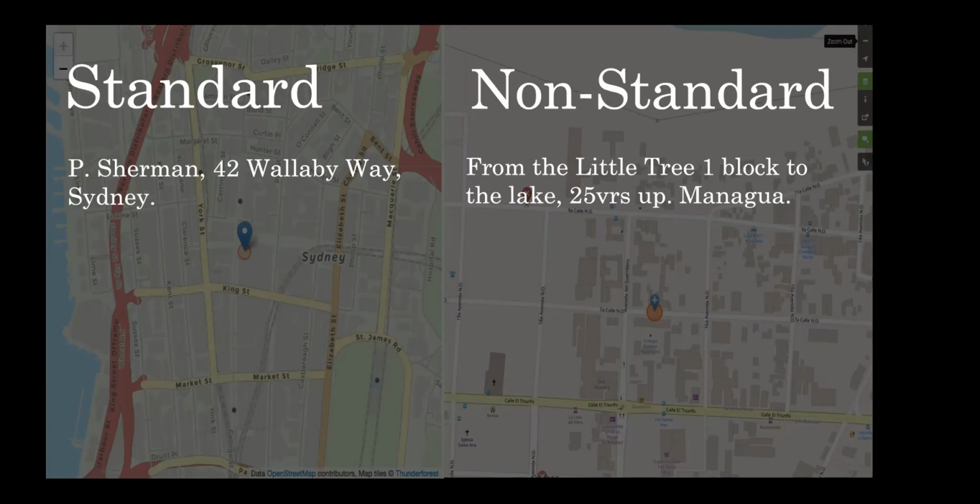This is a very common address that we make fun of because it references a little tree. Those addresses until now are not supported by the big geocoding providers. So the goal of this development is to provide such a service.